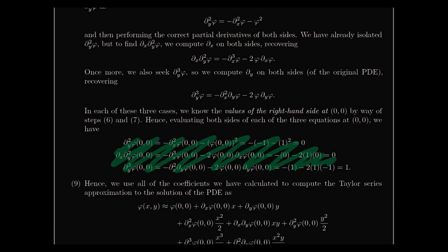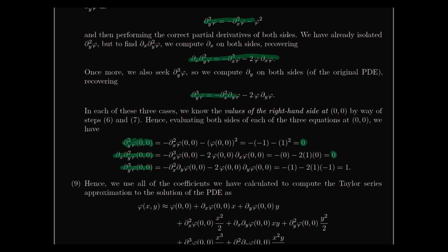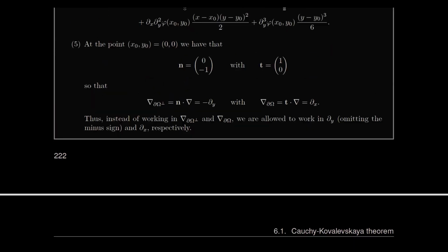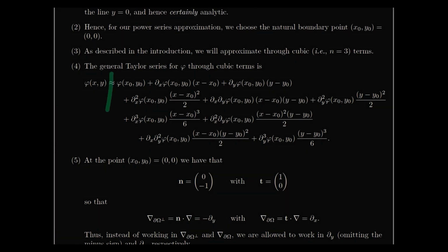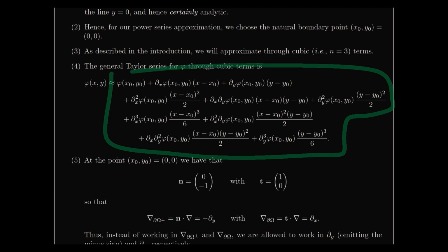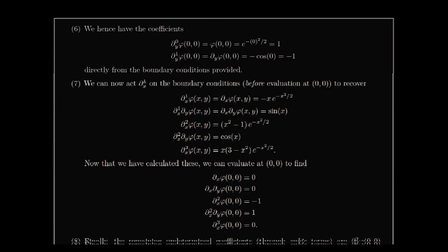So this entire section here. And you find out that two derivatives in y coming from that equation is 0. 1 in x and 2 in y coming from this equation is 0. And 3 in y coming from this equation is 1. So there's my last three coefficients. And then I jump back, arguably to step 4 if you want to, but I actually plug all of the numbers into my Taylor series that I've just calculated.